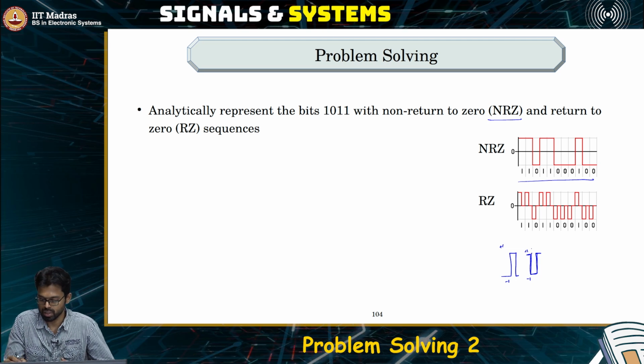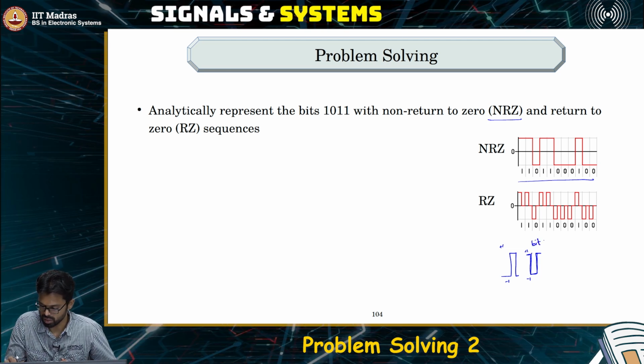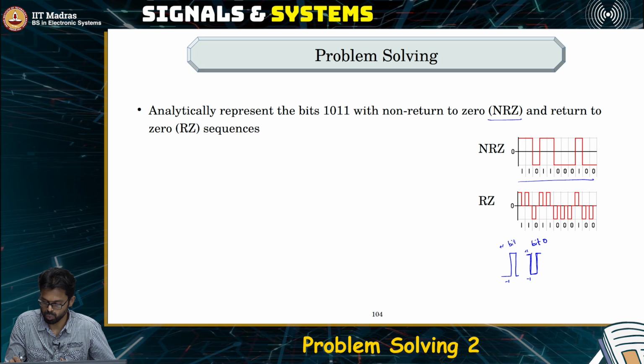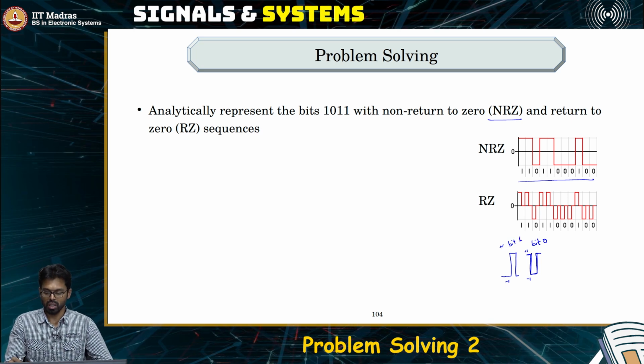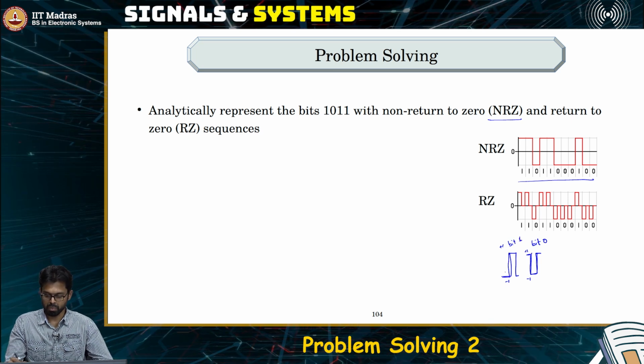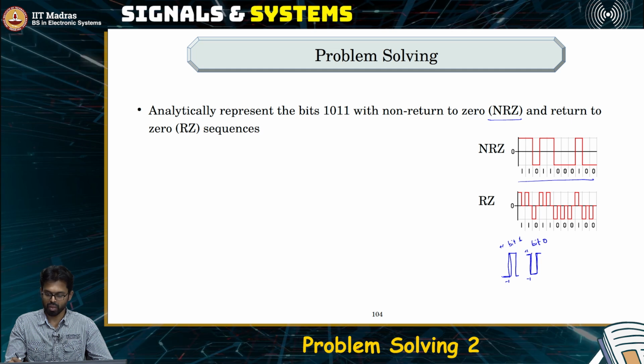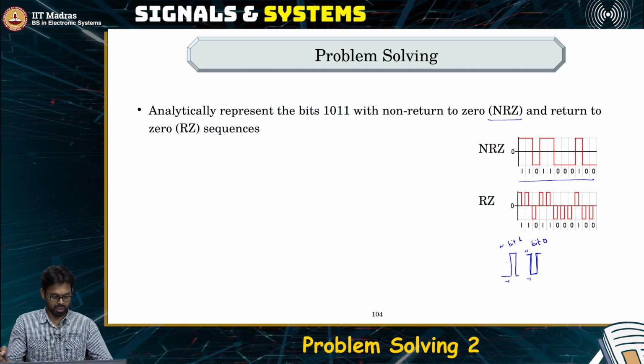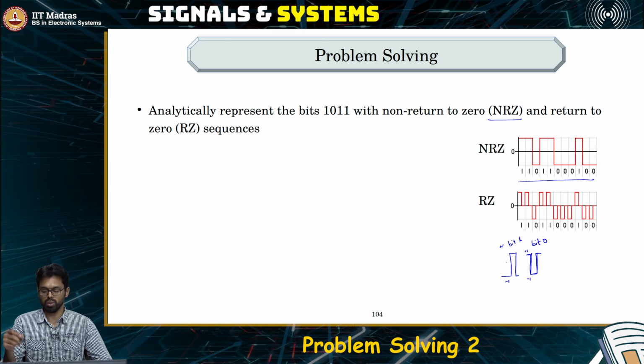So this represents the bit 0. Bit 1 is represented by a pulse which goes from minus 1 to plus 1, and bit 0 is represented by a pulse which goes from plus 1 to minus 1.